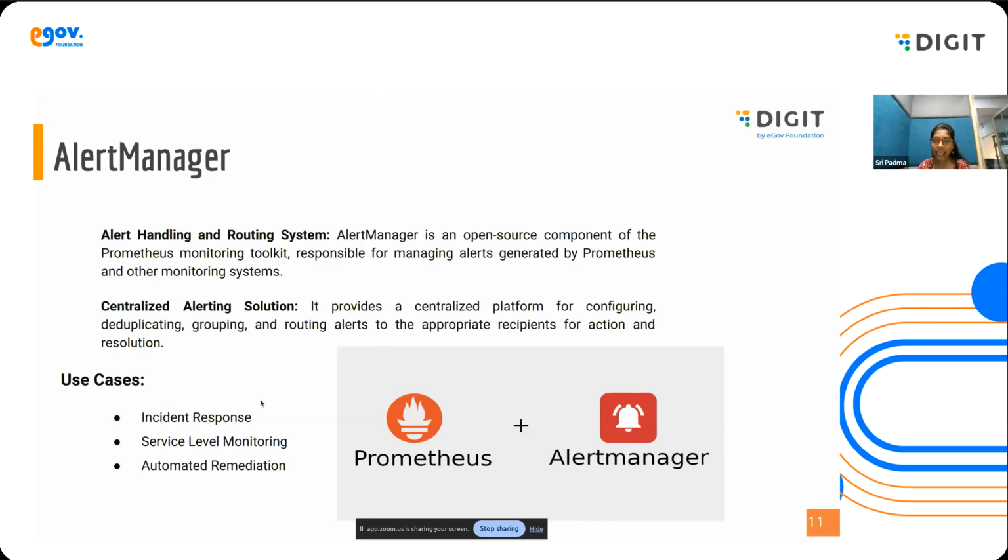The alert can be configured using Alert Manager, and the data can be fetched from Prometheus. Prometheus monitors the metrics, and whenever it reaches a certain level, it will send an alert to Alert Manager, and Alert Manager will send that alert to our Slack channel or our mails. We can configure that, and also Alert Manager doesn't allow duplicate alerts. It will group the alerts and only send the ones that are not duplicates.